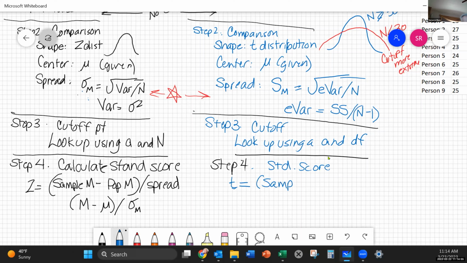Sample mean minus population mean divided by spread. And in this case, it looks like M minus mu divided by, here is our spread this time, the estimated standard deviation for the distribution of means.